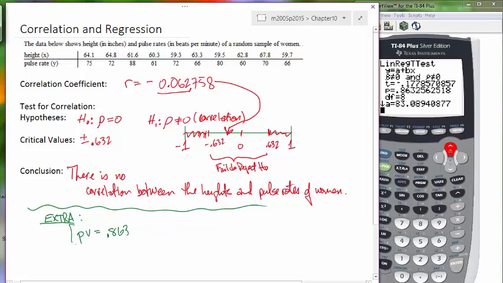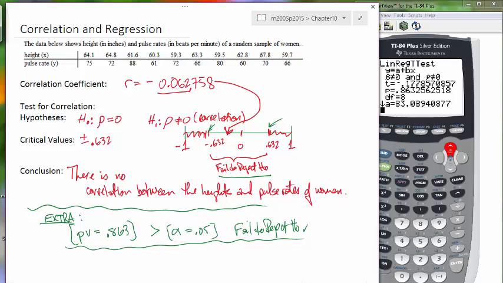And if you remember in your hypothesis test with a P value that's bigger than alpha, assumed to be 0.05 in this case, we fail to reject the null hypothesis. And this is another way to get the same conclusion, but without having to rely on the Pearson correlation coefficients like we did earlier.